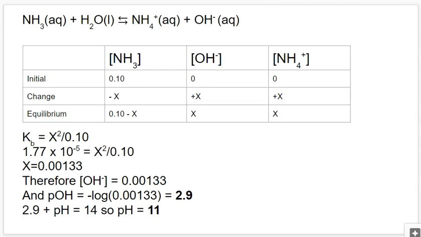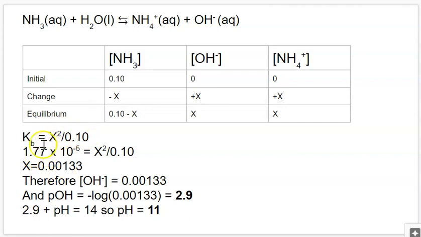So I can do a similar thing. I can apply an ice table. We start with 0.1 here. We start with nothing here. This one is all 1-to-1 as well. So minus x, plus x, plus x. We end up with 0.1 minus x as our equilibrium concentration for the ammonia, and then x for hydroxide and ammonium. We can apply the same logic that we applied to the acetic acid example earlier. We can omit the minus x from the denominator and have x squared over 0.1.